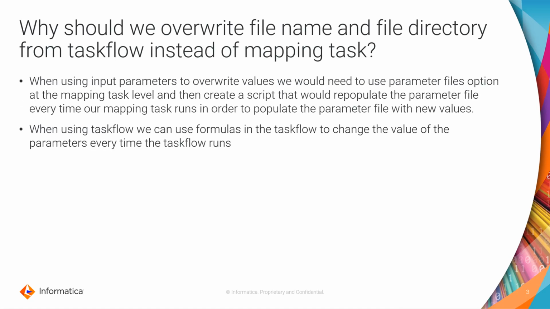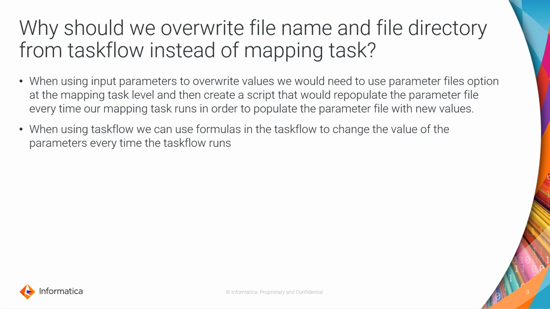So the first thing that you are wondering is, okay, if we can use parameters in the mapping task and at the Taskflow level, why should I override things at the Taskflow level instead of overriding the values at the mapping task?